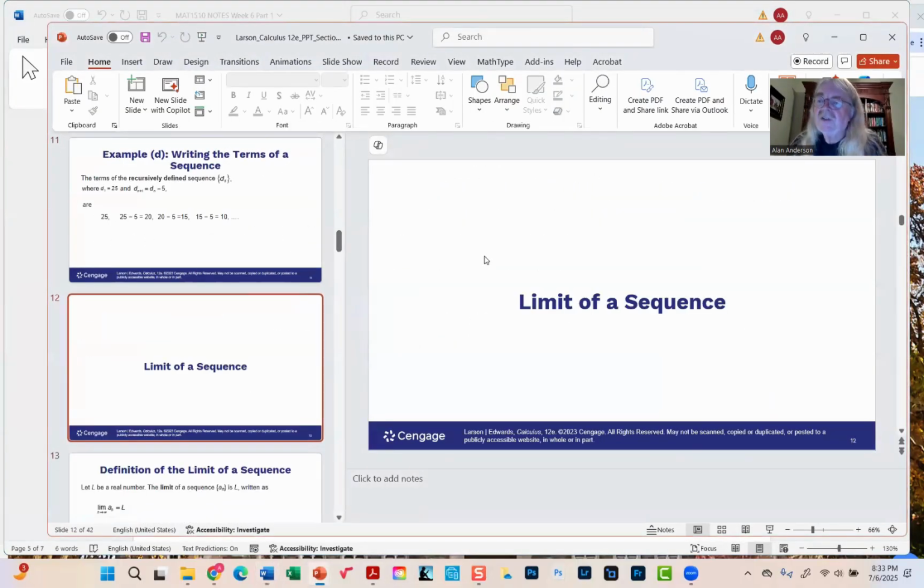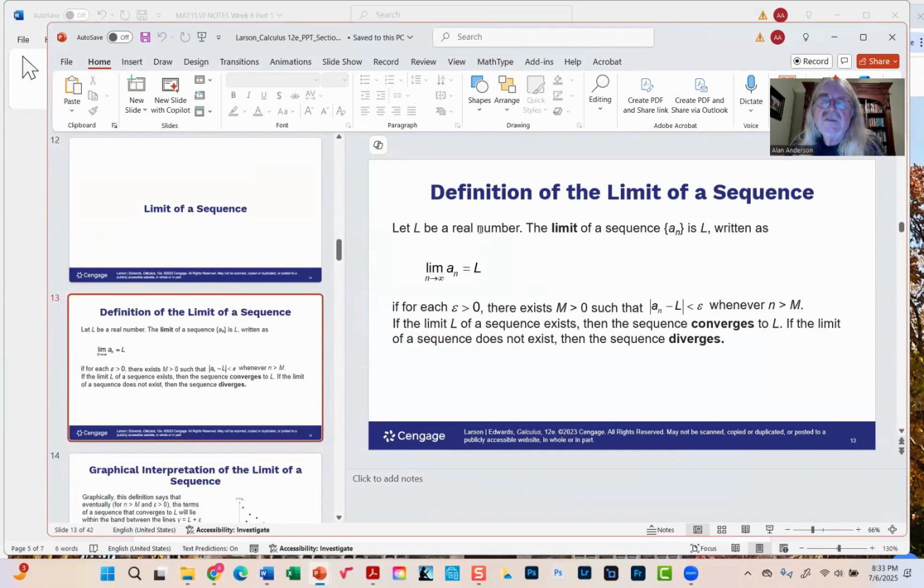Now, I mentioned this before, we're not going to be doing any integration in this chapter, but we still need to lean on limits. So the sequence itself can be converging to a specific value. Let me show you the classic example of this.